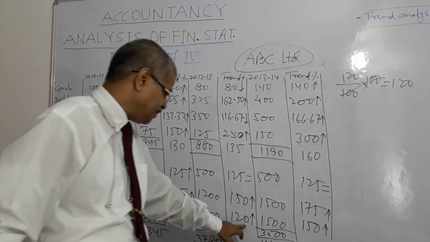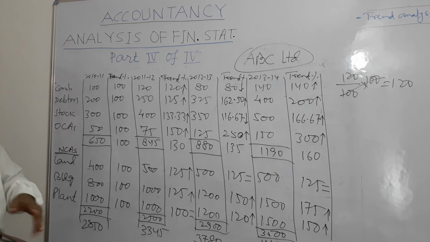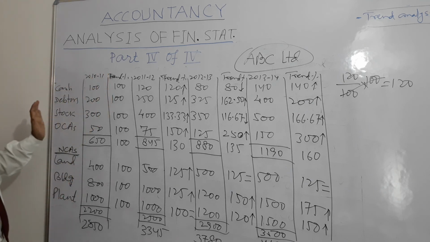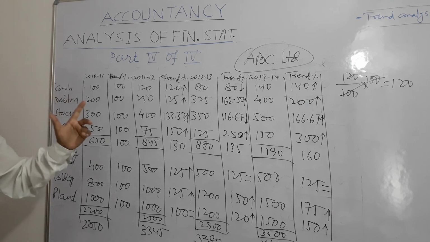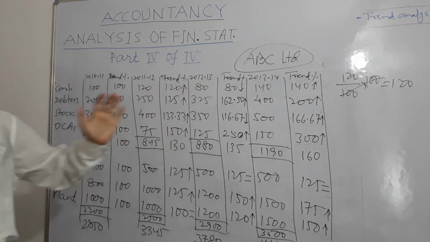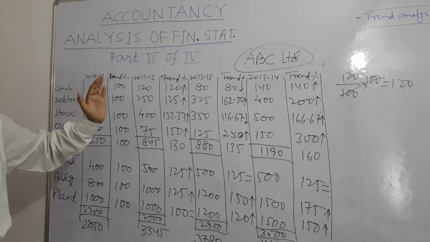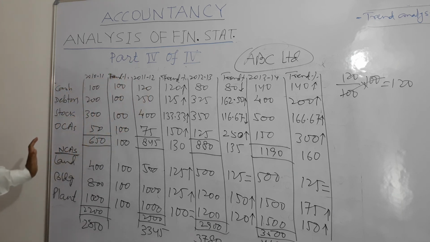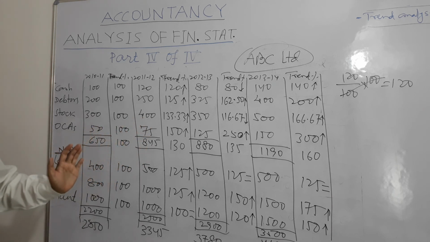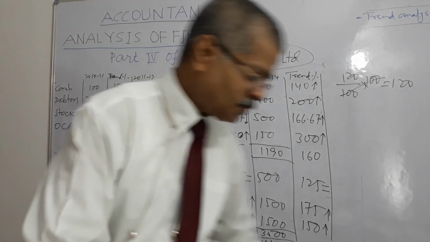Constant, increase, increase. So this is the way we need to analyze how various items of this balance sheet have changed, what is the trend in each single item over this period of time, whether there is continuous increase, or some increase, then decrease, then increase, or continuous decline, or whether there is constant position, no change, neither increase nor decrease, right?